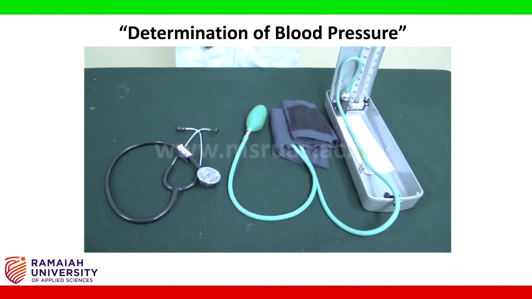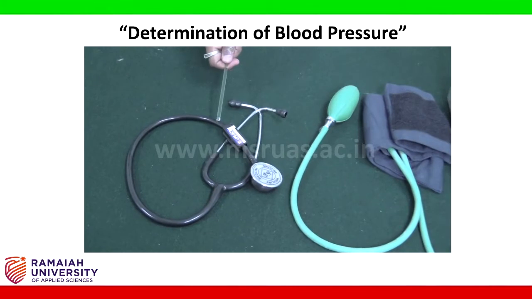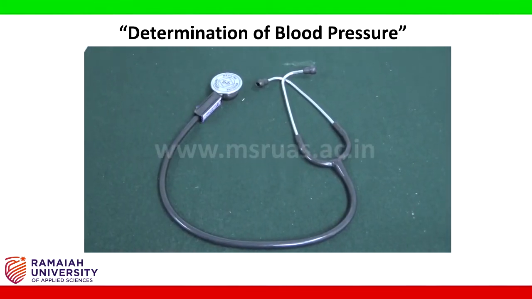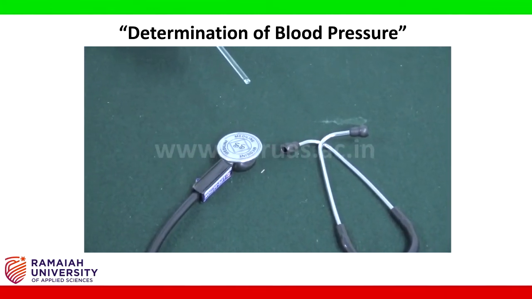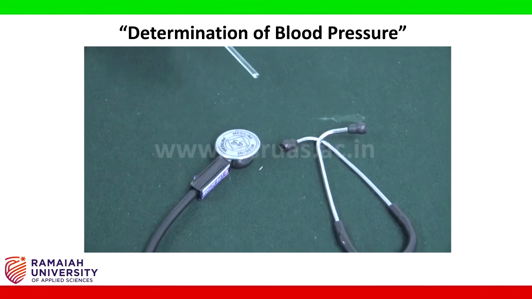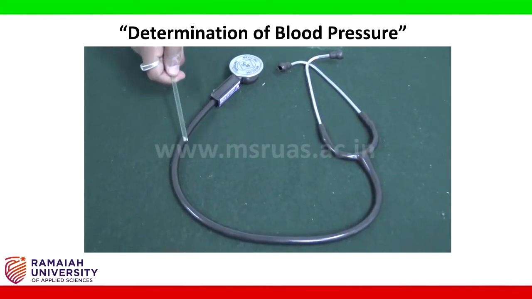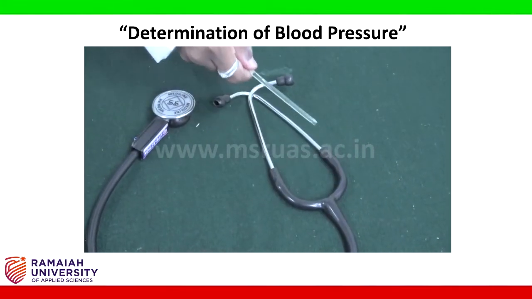The components which are utilized in this experiment are stethoscope, in which steth means chest and scope means to inspect. Stethoscope majorly consists of 3 parts: chest piece, rubber tubing and ear frame.